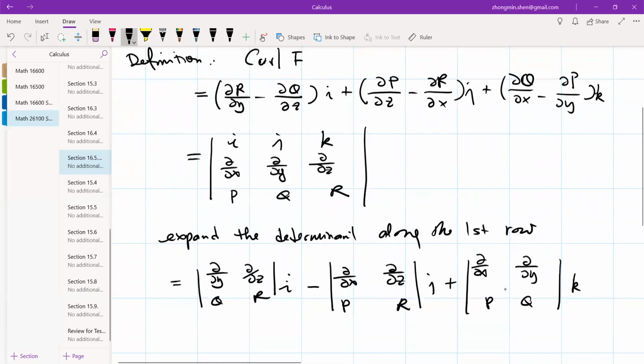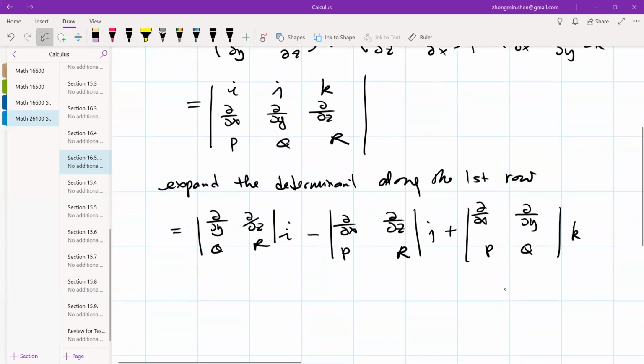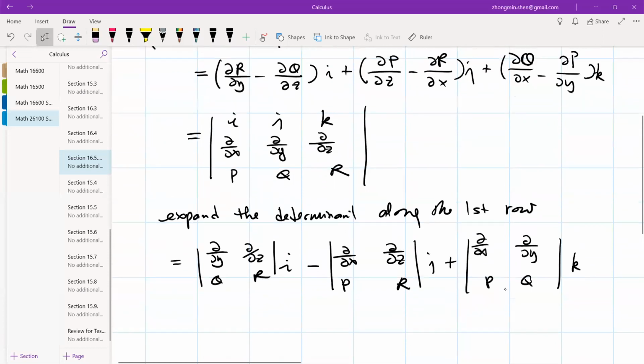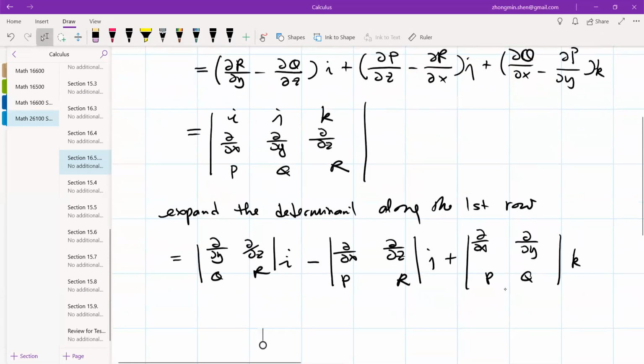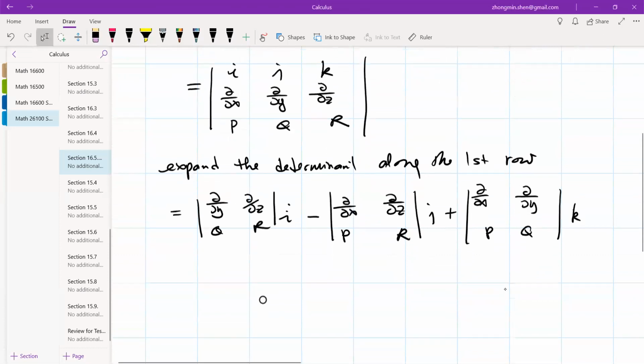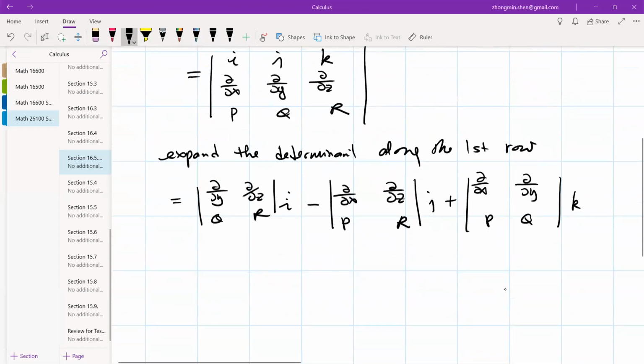Right? Then there's still a catch: the partial derivative with respect to Y by itself is not a number. It's just a formal notation. Then you still have to do the cross product and evaluate this determinant of a 2 by 2 matrix. Okay. So then you do the cross product, right?